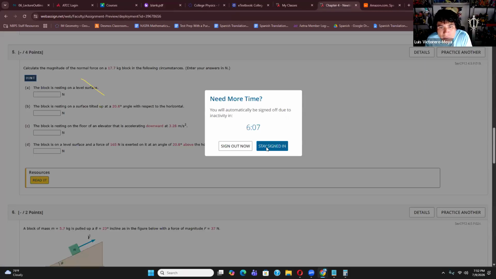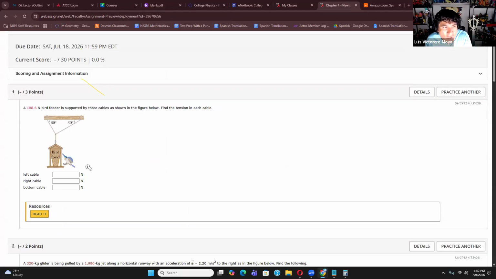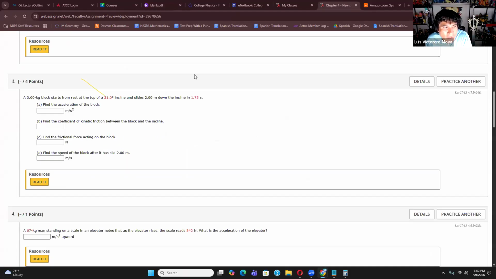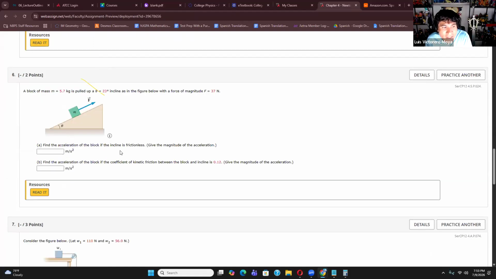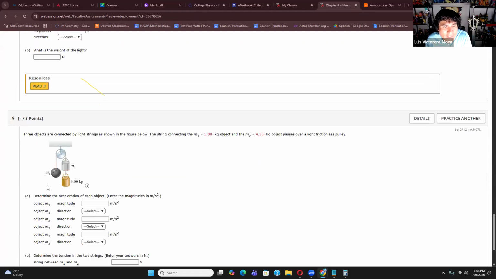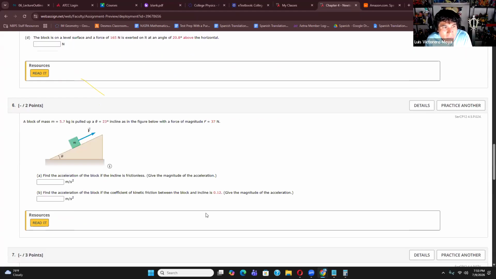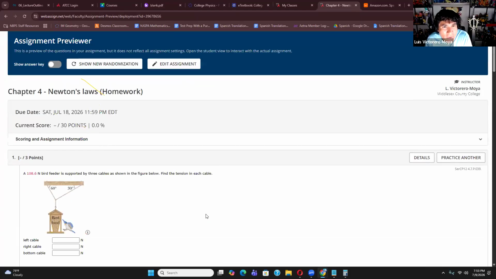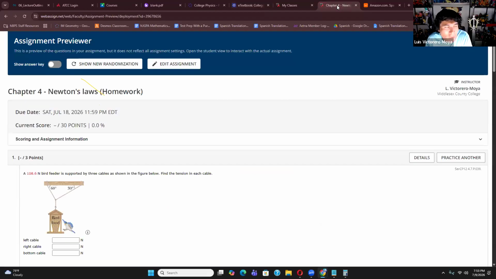WebAssign has problems with the tensions, with the two bodies, the elevator, this problem that we just did, this one that we did in class, and this one I told you. So do that to practice for the exams, it's going to help you. Again, there are more problems in the textbook that you can always take a look at for more practice. So we'll do a couple more at least on Monday.